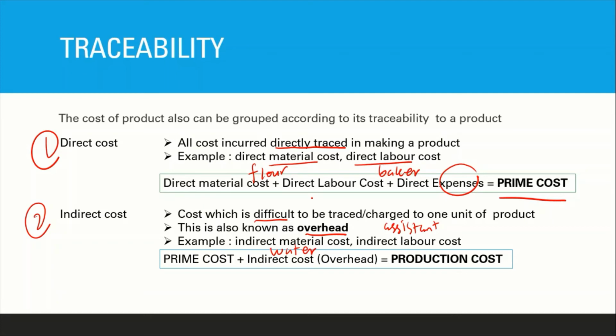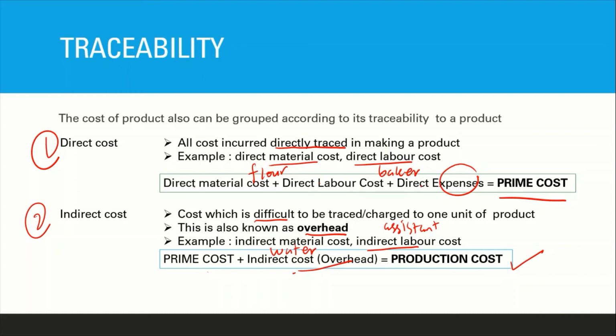We don't know that. So it's indirect labor, which is difficult to trace. Susah kita nak tahu dia ada involved in the production making. So when you put prime cost, which is direct material, direct labor, direct expenses, plus overhead, it is called production cost. Okay, any cost involved in production is production cost.